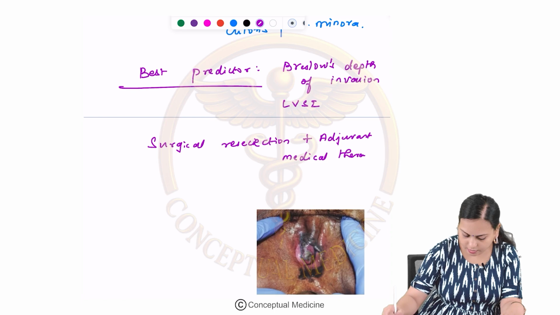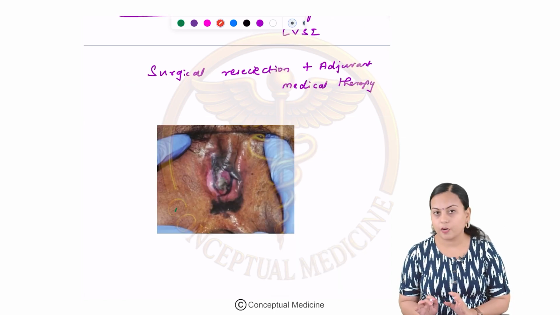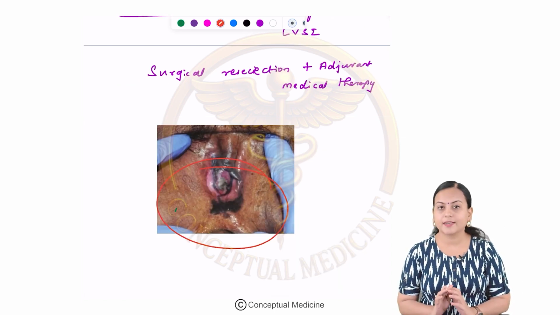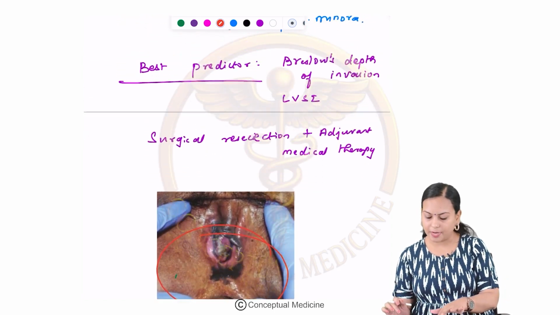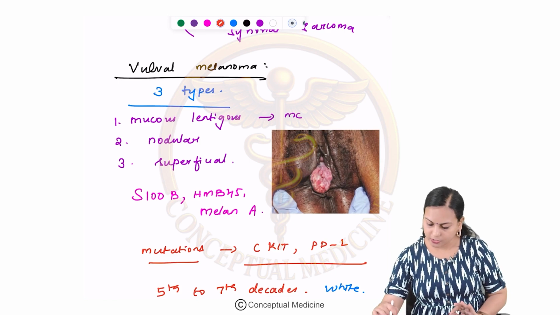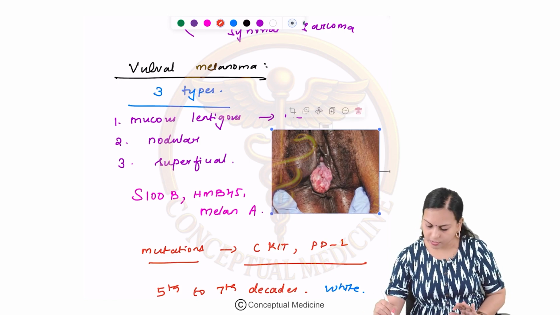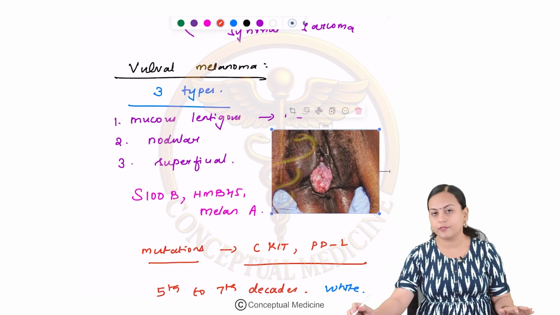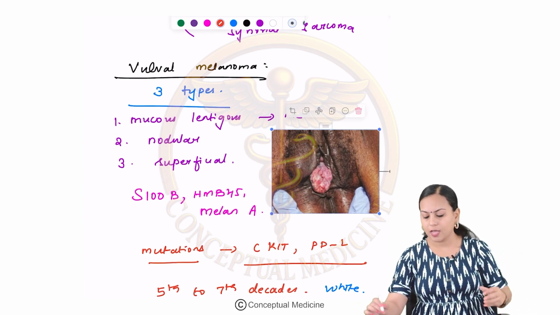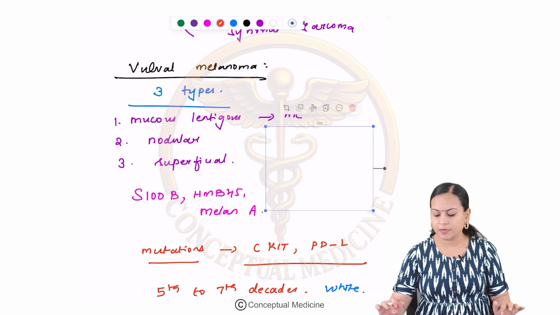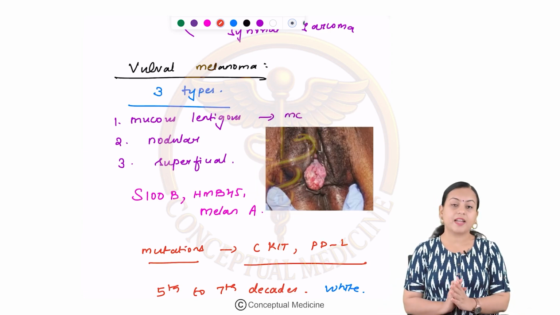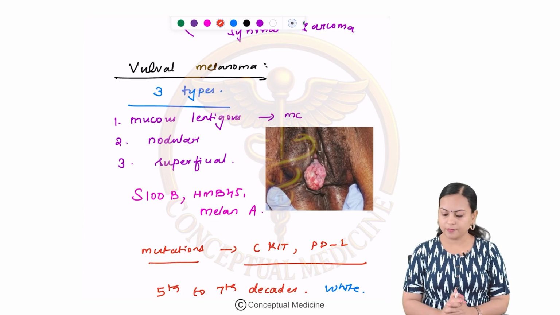Okay, yes. So this is a picture of melanoma. So here you are able to see the melanin containing pigment, which is black color. So you are seeing a black color lesion. Okay. So this picture I kept to demonstrate the general appearance of vulval carcinoma. So you will have a growth, and this lesion is in the midline, right? So since it is in the midline, you have to think about the bilateral lymphatic drainage. Okay. Yes.